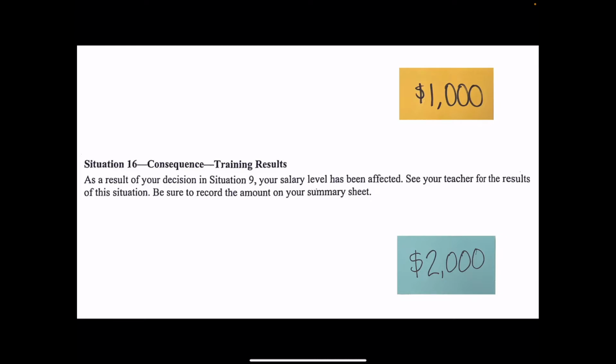If you chose option C, you get 0. So you can fill those options in and those numbers in. Remember, option A, you got 1,000. Option B, if you have option B in number 9, you get 2,000. If you had option C, you get 0. And then you can fill out your balance.